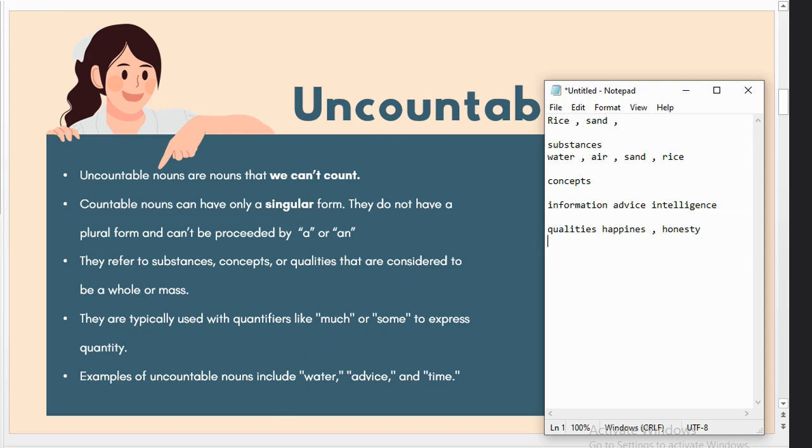They are typically used with quantifiers like much or some to express quantity. Yes, we can use quantifiers like much with uncountable nouns, some, a lot of, little.